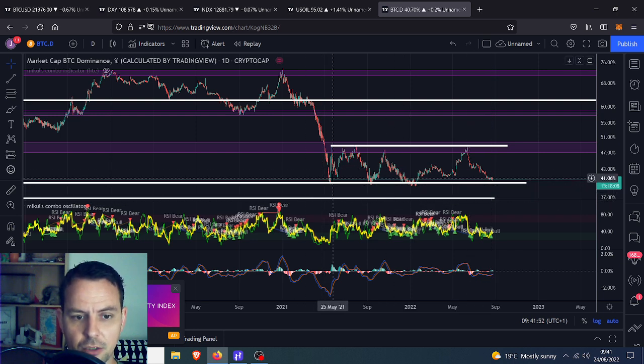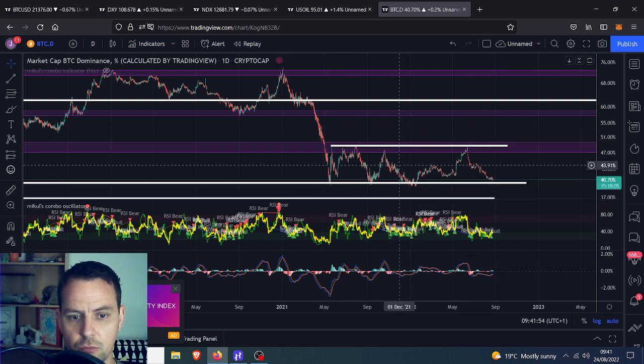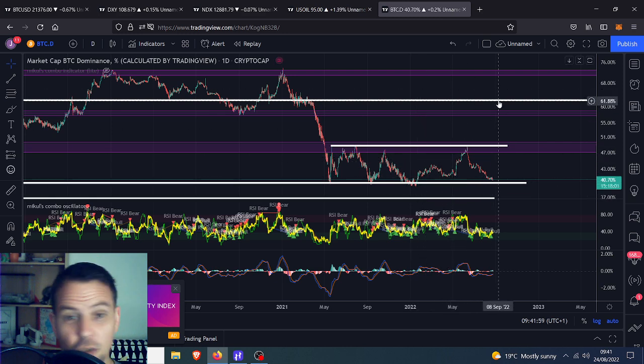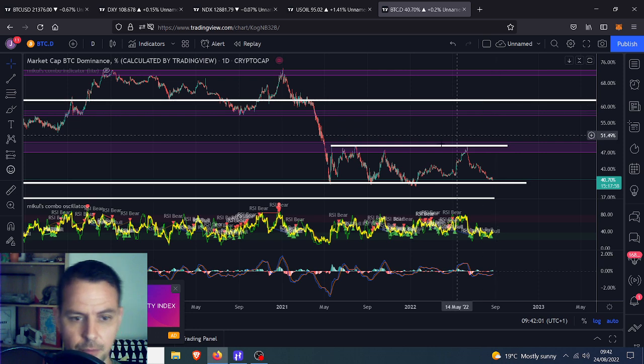And so we've had bad reactions from here. These represent either Bitcoin running without altcoins or altcoins getting smashed, absolutely destroyed in the form of a market dump.